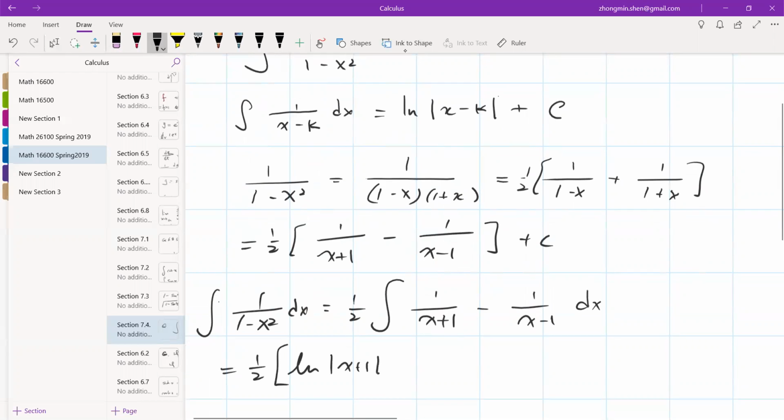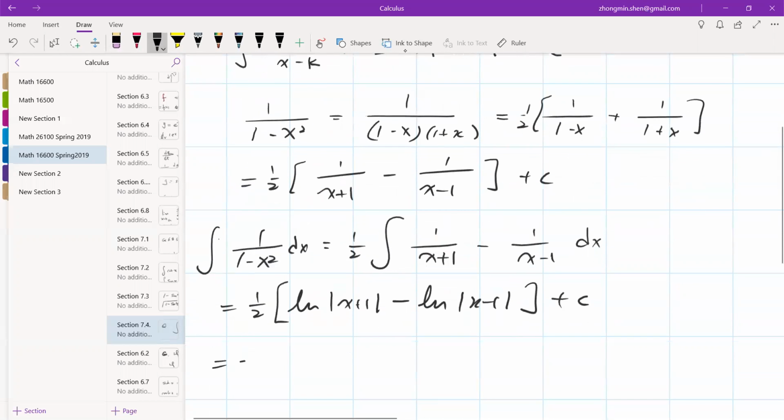The natural log of the absolute value of x plus 1, minus the natural log of the absolute value of x minus 1. Then I can combine them together, plus constant.